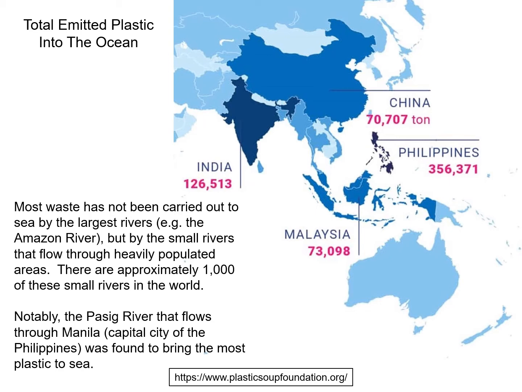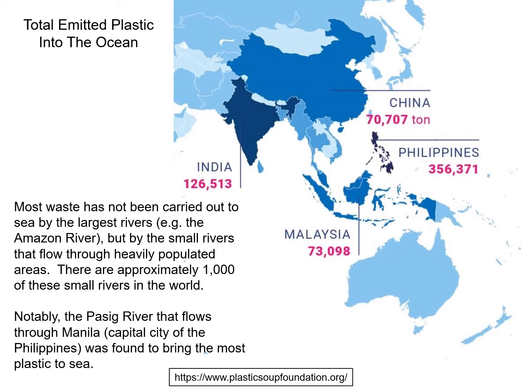Most waste has not been carried out to sea by the largest rivers, for example the Amazon River, but by the small rivers of the world that flow through heavily populated areas. Now, there are approximately 1,000 of these small rivers in the world, which contribute to approximately 80% of the plastic pollution that goes into the ocean.